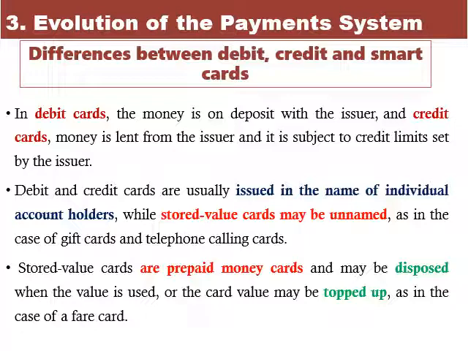Also, stored value cards are prepaid money cards, and this means that they may be disposed of when the value is used, which means that they are used for just one time, while some other smart cards can be topped up, which means that you can use them repeatedly, as in the case of a fare card.